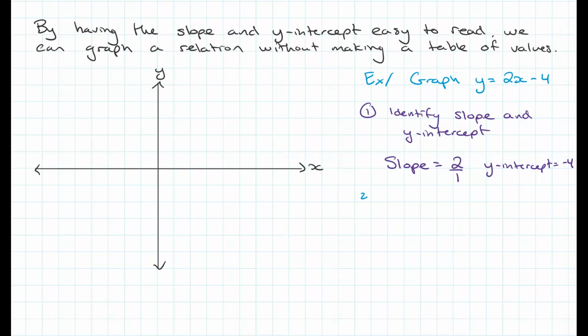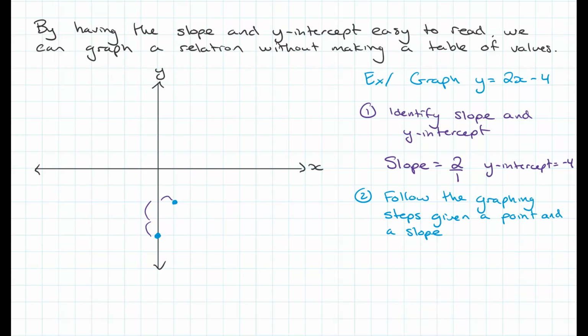So once I have those pieces, I'm going to follow the graphing steps when you were given a point and a slope that we practiced before. I'm going to put a dot on the y-intercept at -4, and I'm going to use that slope up 2 over 1 to get my next dot.